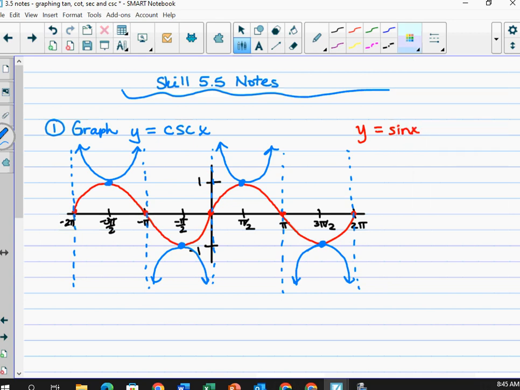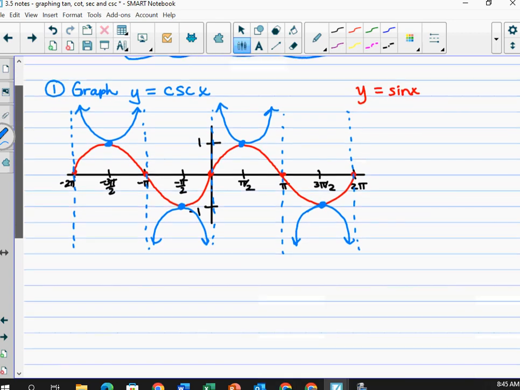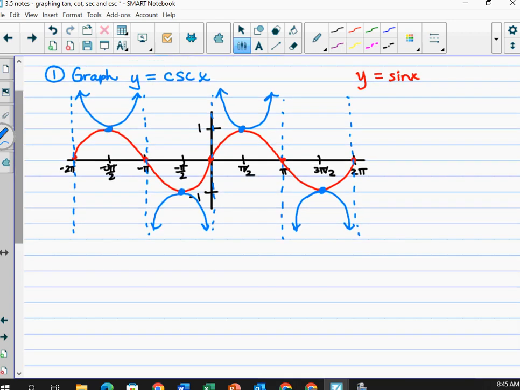We have to write the domain and range of this. Domain is weird, but once I show you, it's not that bad. All right, we have to use set notation here.